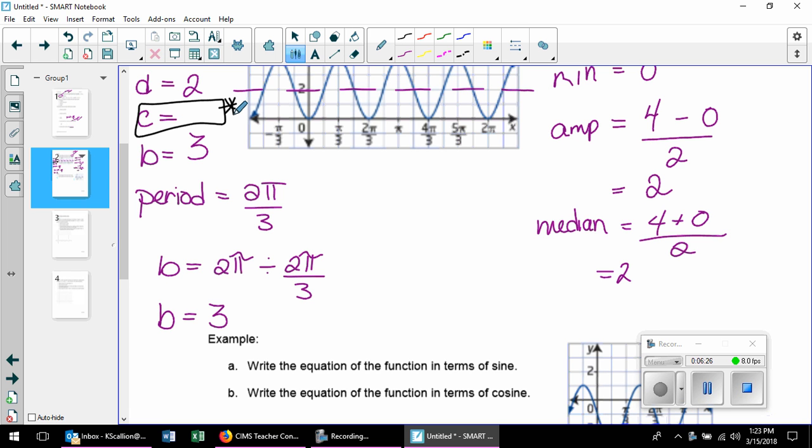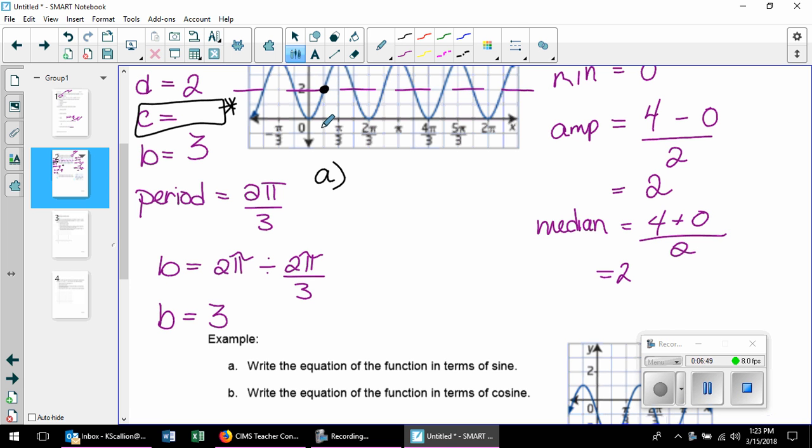So it said to do a sine graph first. So sine, I'm looking for my first median, my first positive median. Where does that occur? Pi over 6. It occurs halfway between 0 and pi over 3.